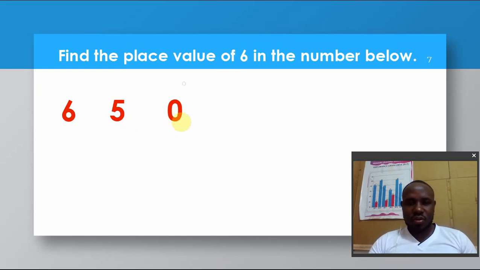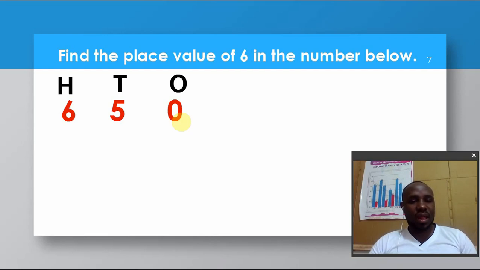Let's go. We have said the first one is ones, and we write O to represent the first letter of ones. Then we have another one, 5. It's in the place value of tens, but we write T to represent the word tens. The last one is hundreds.